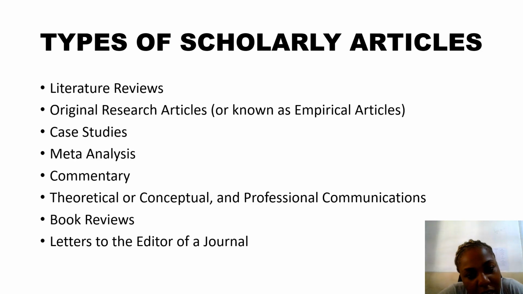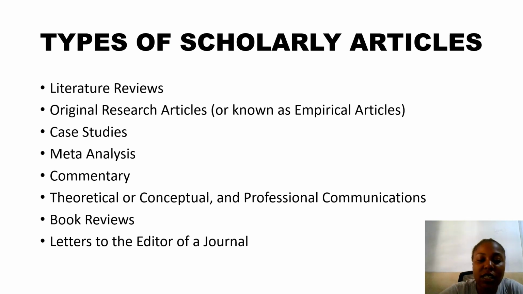So types of scholarly articles, like I had mentioned earlier: we have literature reviews or review papers. We have original research articles or empirical articles. We have case studies. We have meta-analysis. Those are types of review papers. We have commentaries. We have theoretical or conceptual or professional communications. We have book reviews.